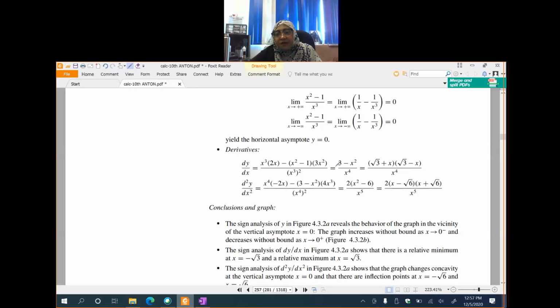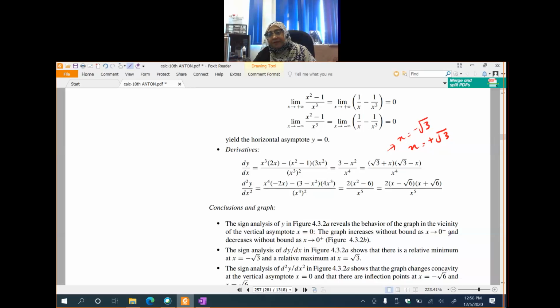The critical points are when you have x equal to negative square root of 3 and x equal to positive square root of 3.